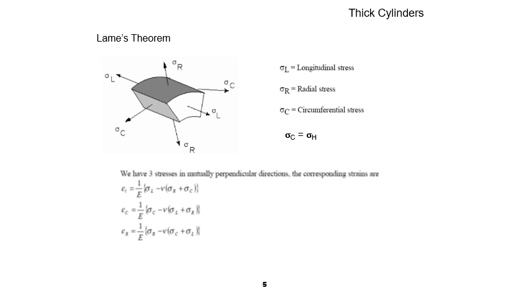In the circumferential or hoop direction, we have sigma C or sigma H. In the longitudinal direction, we have sigma L. And in the radial direction, we have sigma R. So if you take a small element from the wall of the thick cylinder, this is the stress condition that we have, and the forces that they generate are in equilibrium.